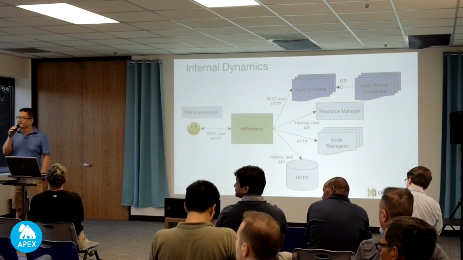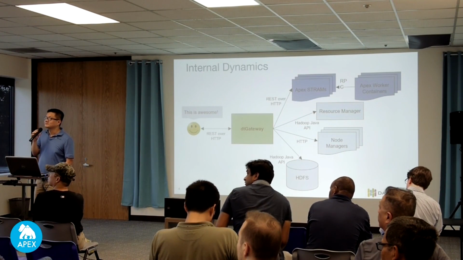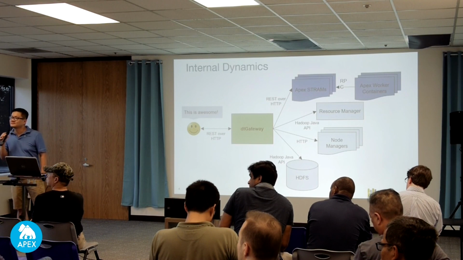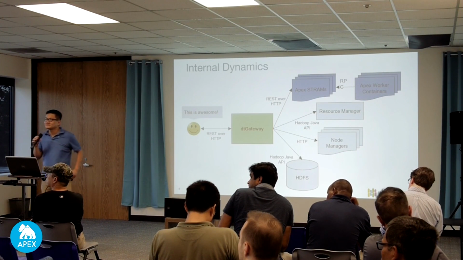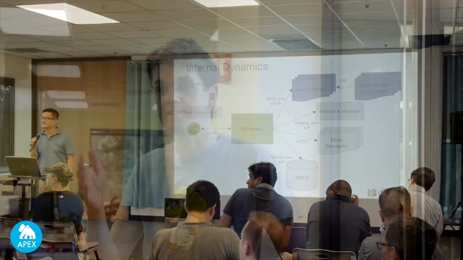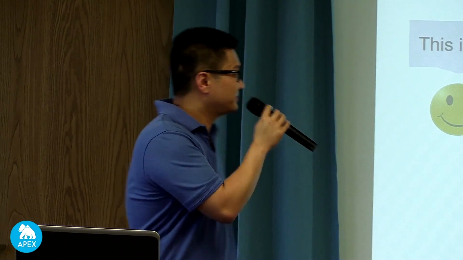Is there any mechanism to keep around the metrics that are being gathered and use them to show the past hour or older data and see trends about the application execution? Yes. The question is, is there a mechanism to keep track of the history of the metrics? So the answer is yes.